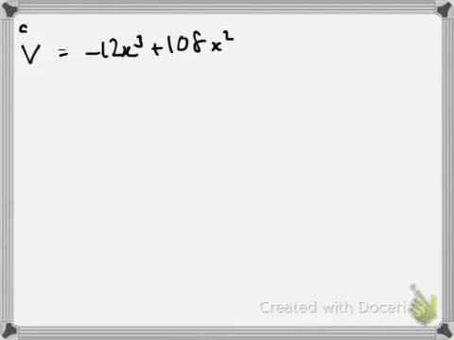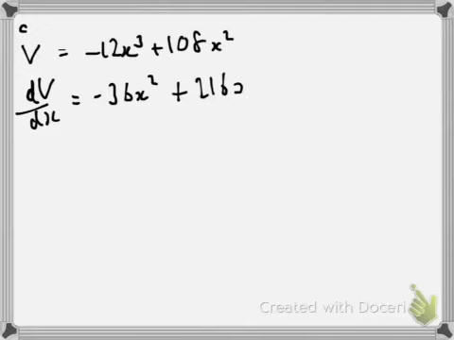So now we've got our equation for volume, we have to get our derivative. So dV/dx equals negative 36x squared plus 216x. Need to make that equal to 0. Now there's a common factor here.